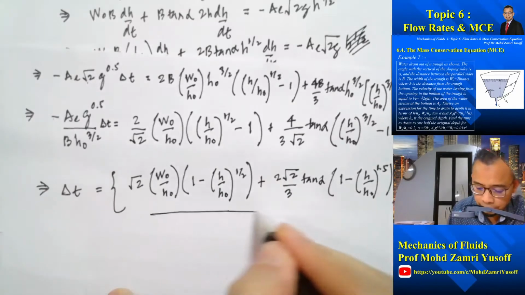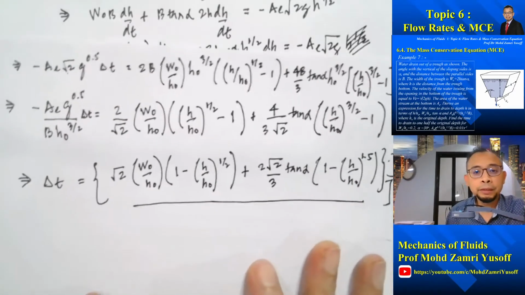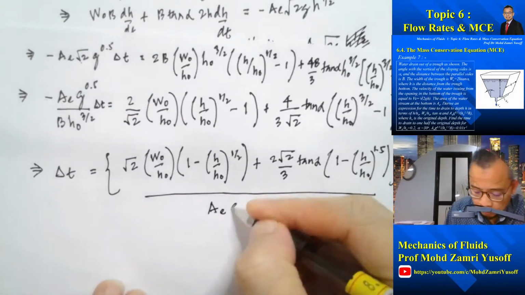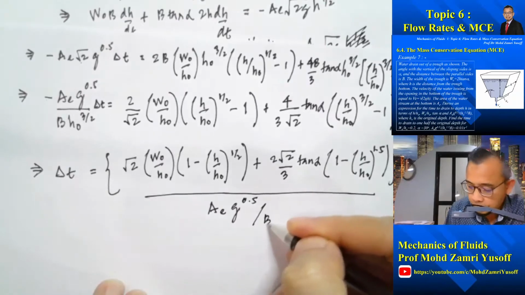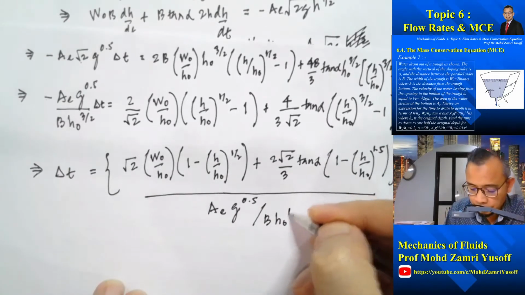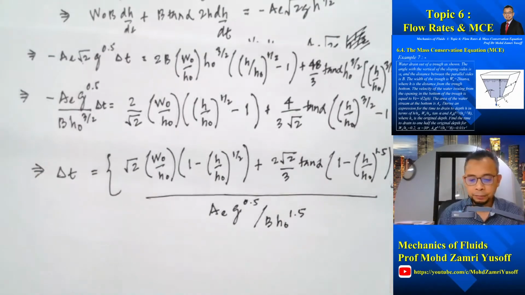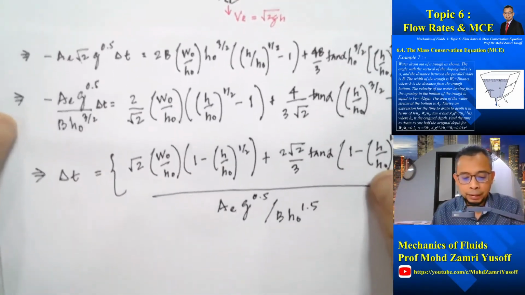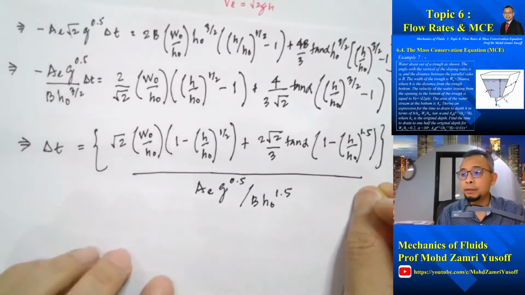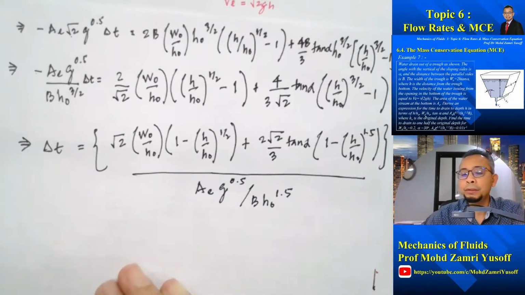And everything is divided by AE G to the power of 0.5 divided by B H naught to the power of 3 over 2 here. So that's the expression for delta T in the form of H over H naught, W naught over H naught, tangent alpha, and AE G to the half over H naught to the power of 1.5 B.